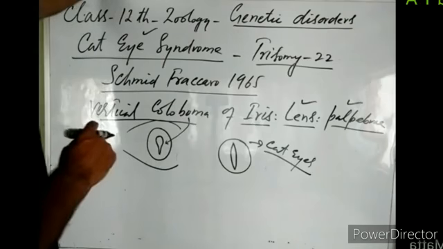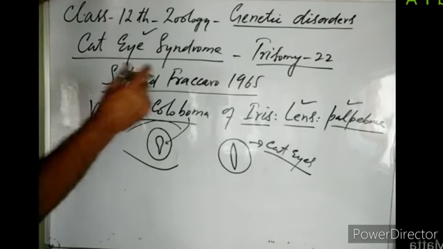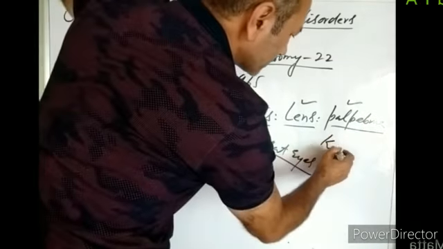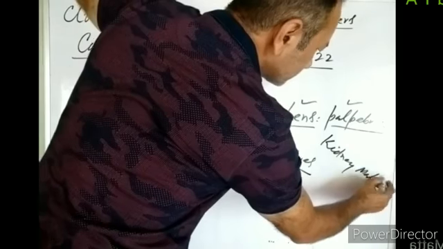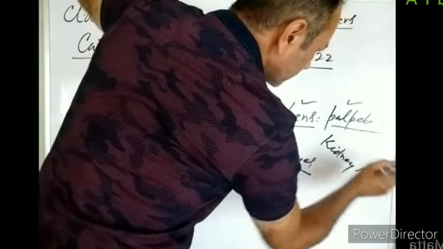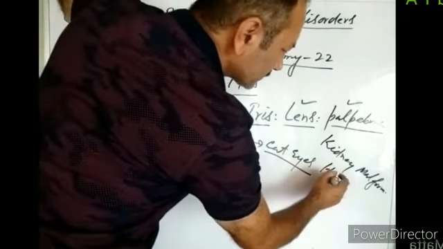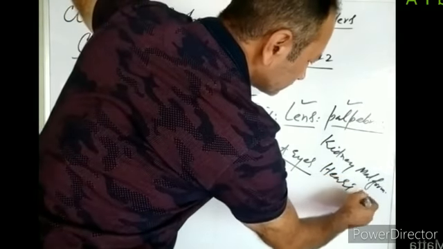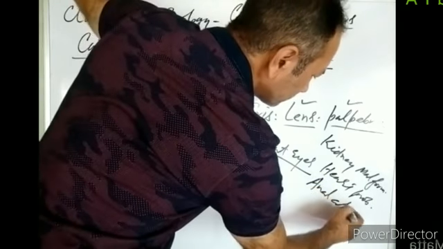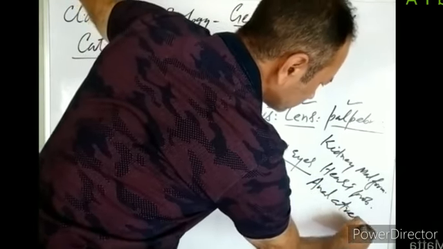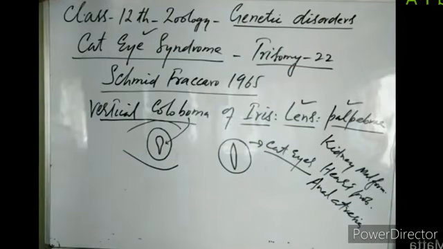These persons may also suffer from kidney malformation, heart problems, and anal atresia.